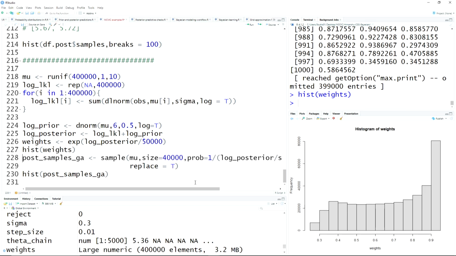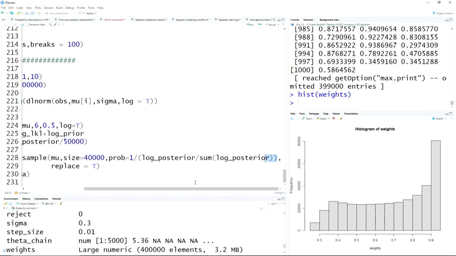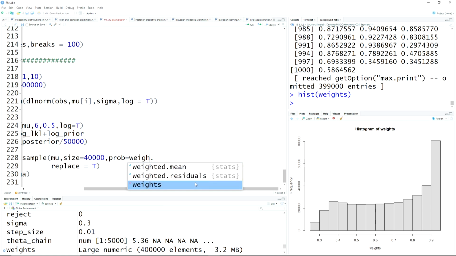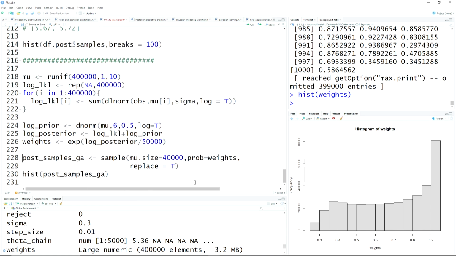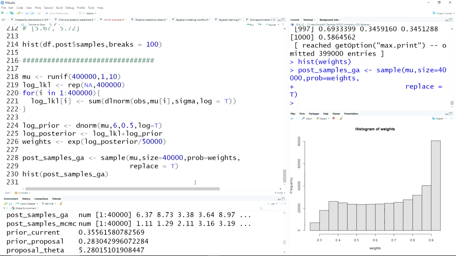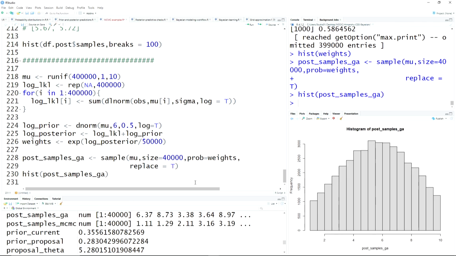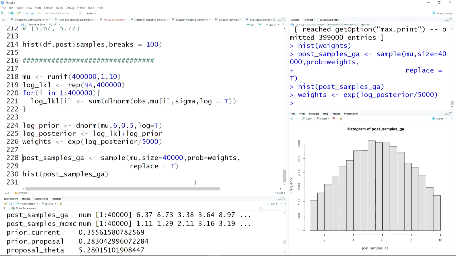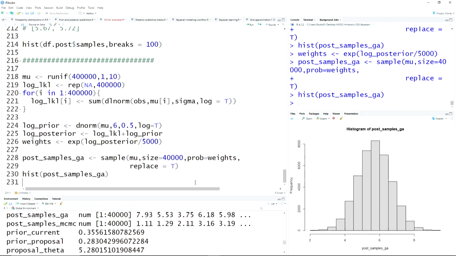Okay, so this seems to be working fine. Now I'll use these weights as probability. Okay, so this is much more believable. So this is much better.